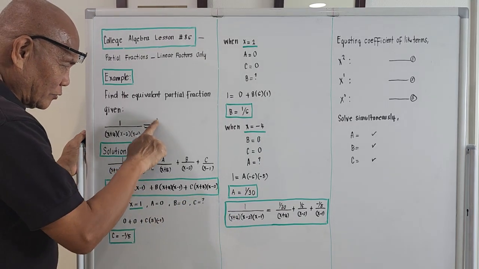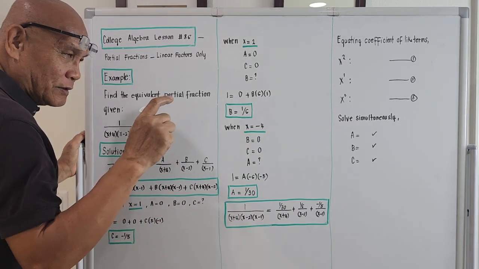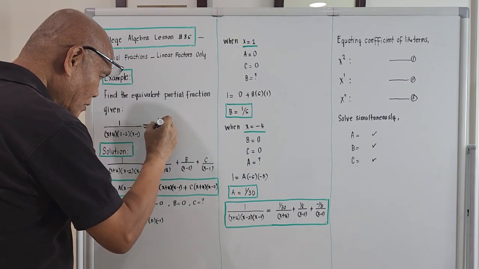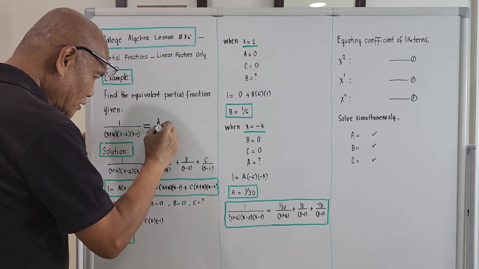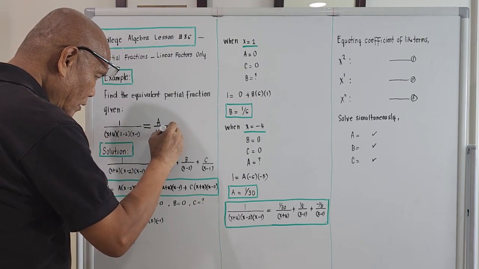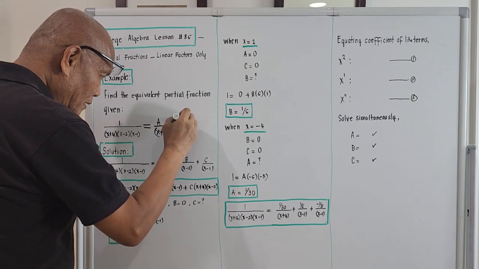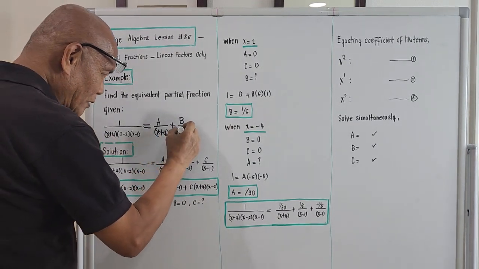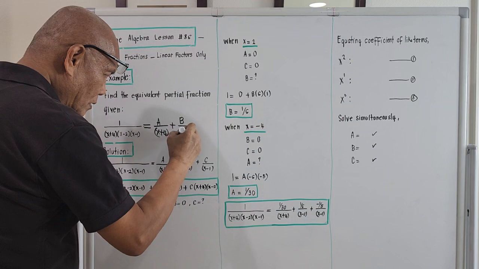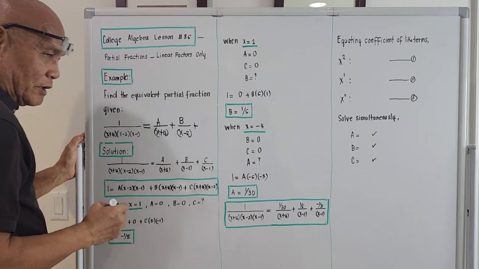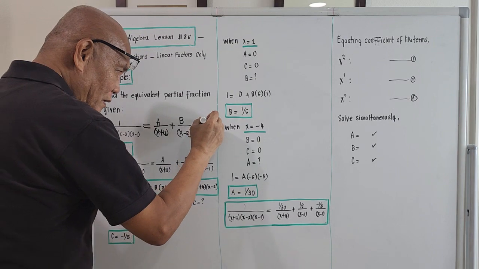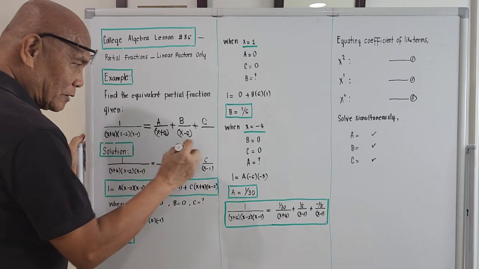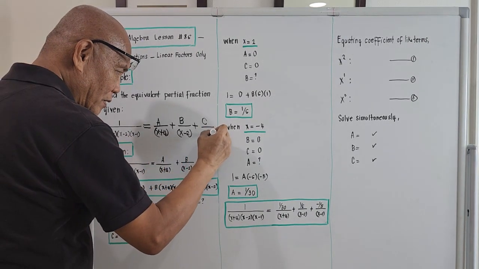So if we try to bring out the equivalent partial fraction of this, there will be three variables, that is a capital letter A. The first linear factor is x plus 4, plus another constant, capital letter B. The second linear factor is the quantity x minus 2, plus the third coefficient will be capital letter C, and the denominator will be the third linear factor, that is the quantity x minus 1.